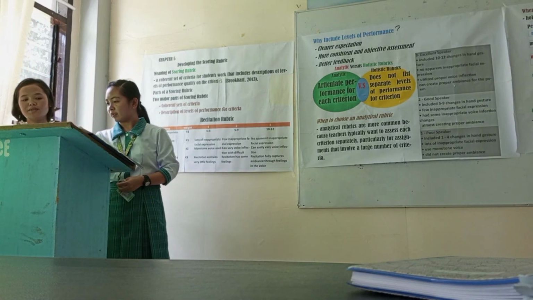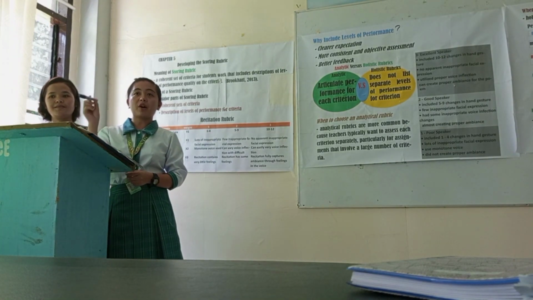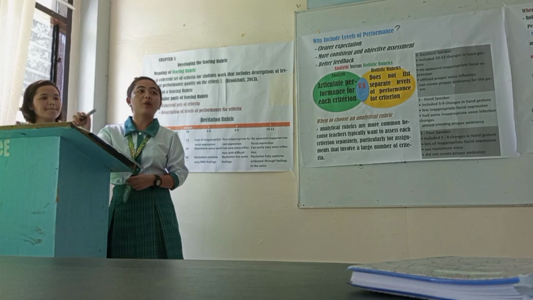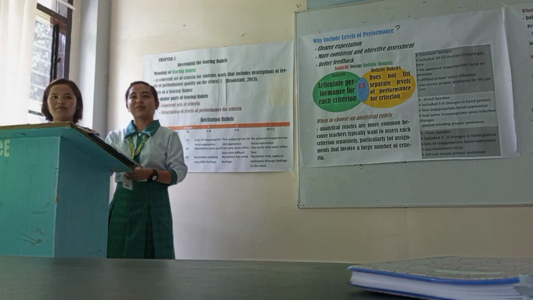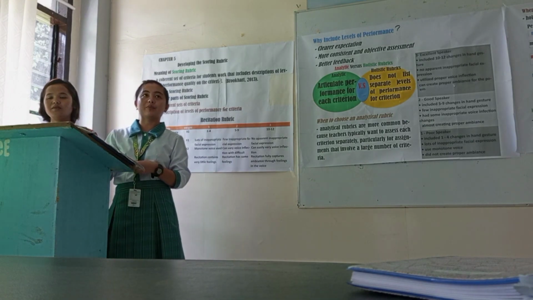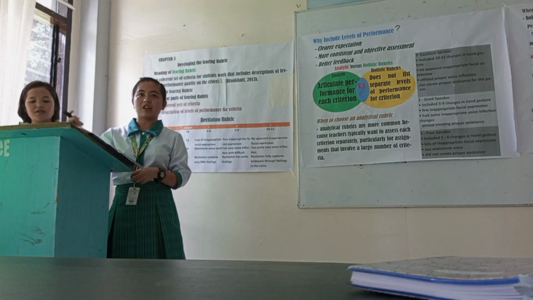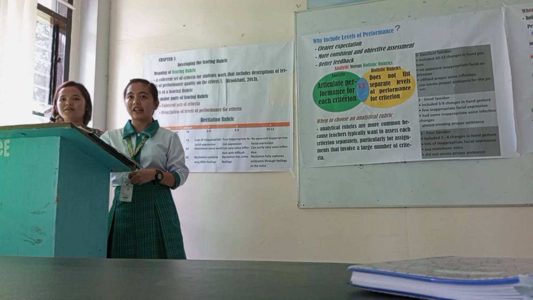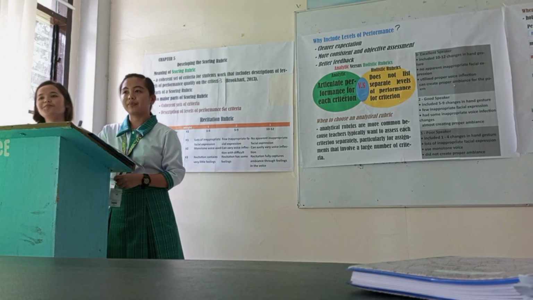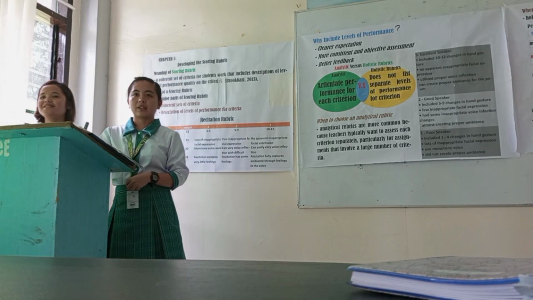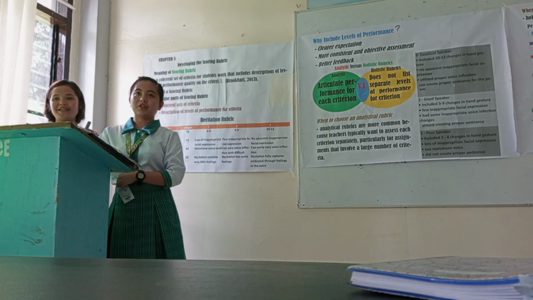That is the purpose. So according to your answers about why it's important, how can you now define what a scoring rubric is, according to your understanding? How can you define it? Jenny, in your own words.